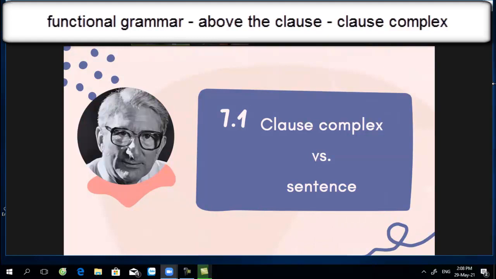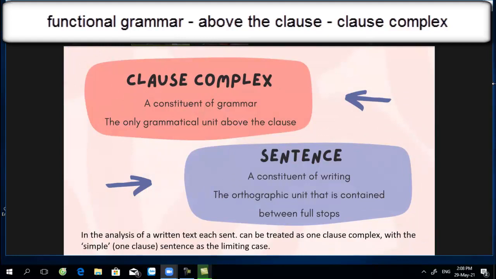So what is clause complex and what is sentence in the view of functional grammar? First of all, clause complex, we use it as a constituent of grammar, and the only grammatical unit above the clause is the clause complex. For sentence, it is a constituent of writing, or to make it easier to understand, it is the part that stands between the two full stops, right?